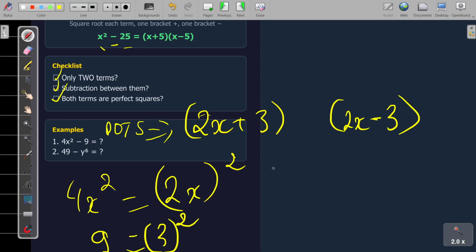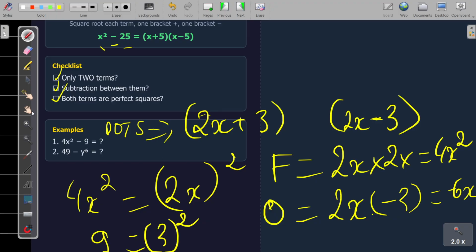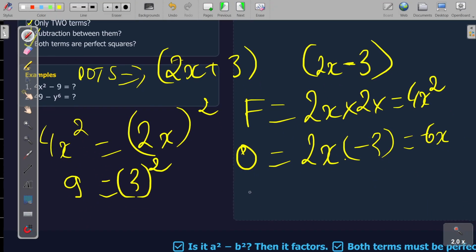Look at this. If you use FOIL, F is 2x times 2x, which gives 4x squared. Our O, the outside, is 2x multiplied by minus 3, which gives minus 6x. Our I is 3 multiplied by 2x, which is 6x.